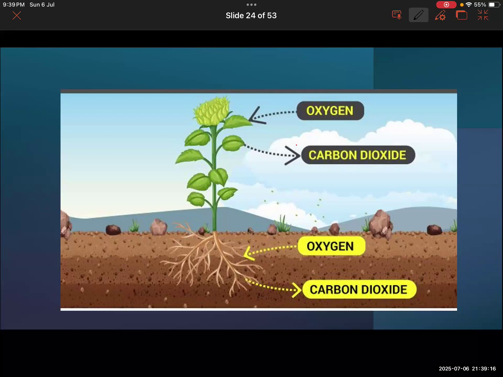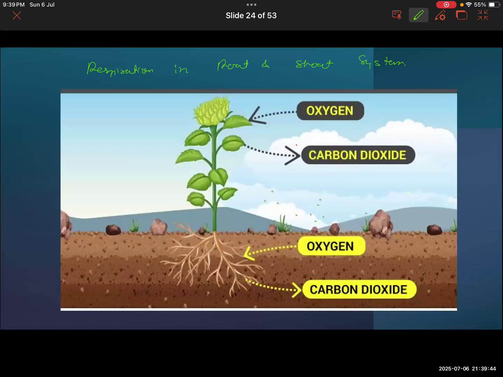Now this image is not depicting photosynthesis, so please don't confuse it with photosynthesis. This is showing respiration in the root and shoot system of the plant. Gaseous exchange will take place there as well.